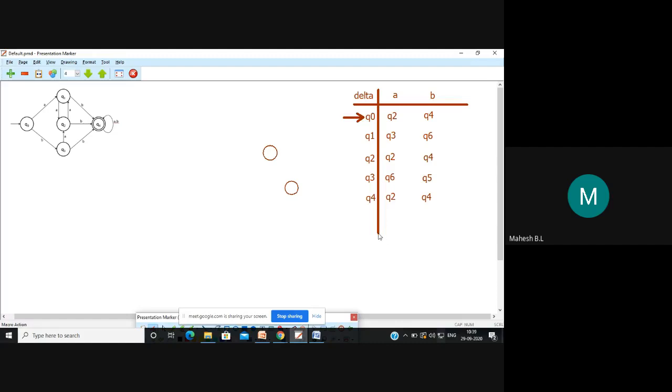Then the two symbols are A and B. Now we need to fill this table accordingly.